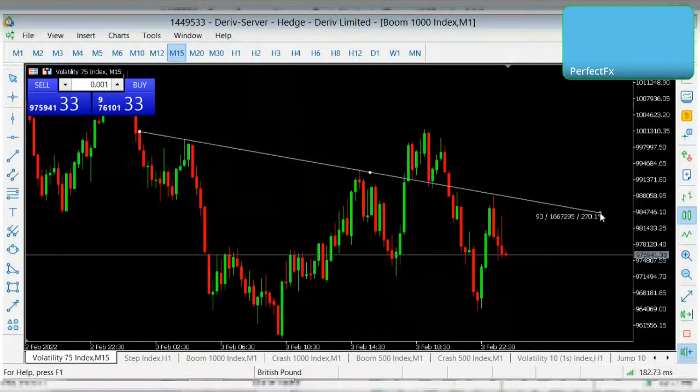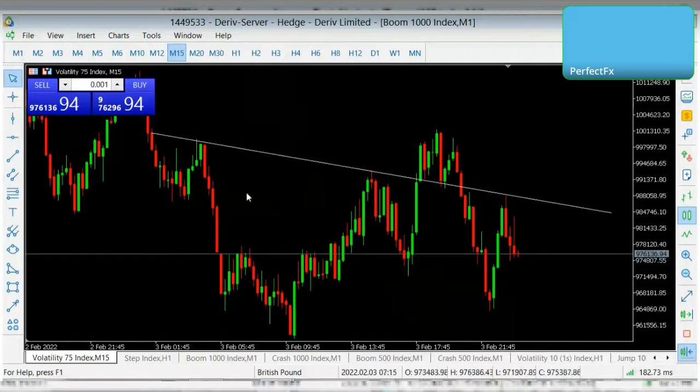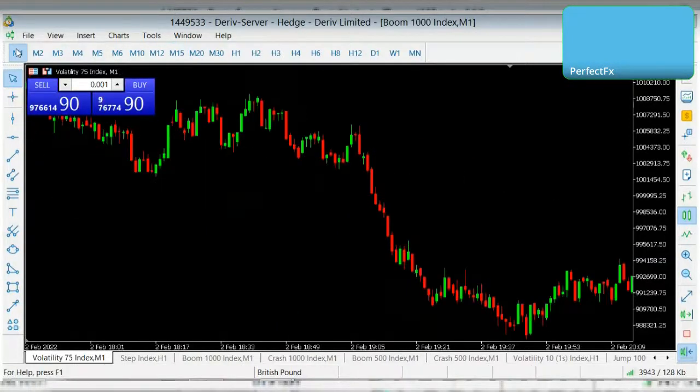You just need to draw your trend line from two price points, from two structural points. Then you'll be looking out for the candle that actually broke the trend line to the upside significantly.